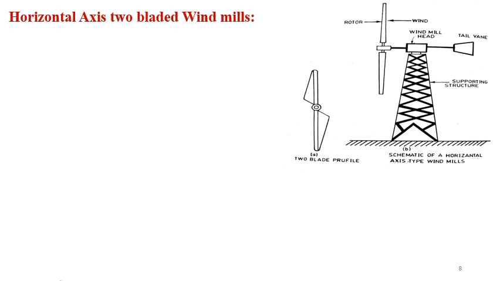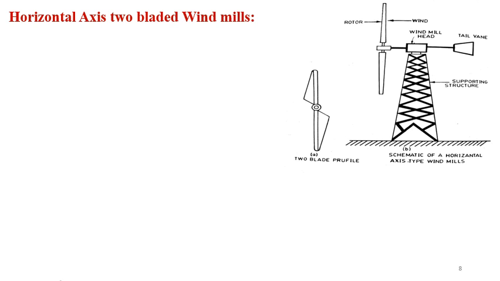Next we will see the horizontal axis with two blade windmills, or two aerodynamic blades. In the figure you can see two blades. In this type of design, the rotor drives a generator through a step-up gearbox.